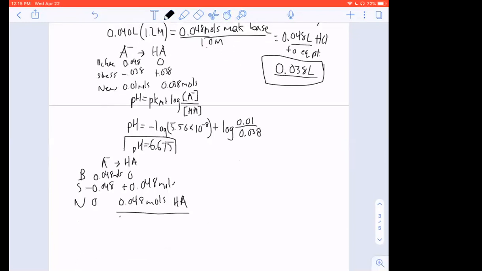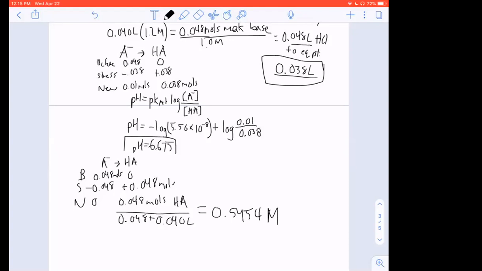So just this divided by 0.048 plus 0.04. And that gives you a concentration of, let's see, 0.5454 basically. So that'll repeat, but this is what you're going to get as the new concentration of that weak acid.